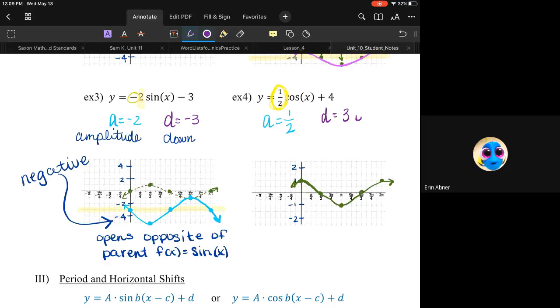It's a +3, so we're going up. So first thing I'm going to do is shift my 0 line up 3. So from here, 1, 2, 3. There's my new 0 line. Okay, so since that's my new 0 line, I need to go 1/2 above that.